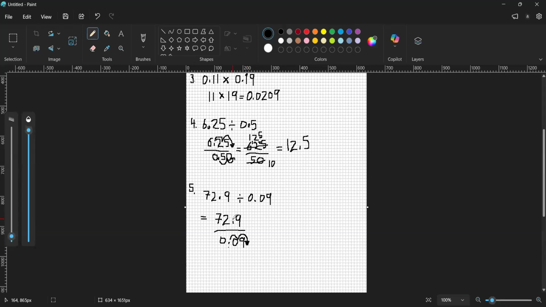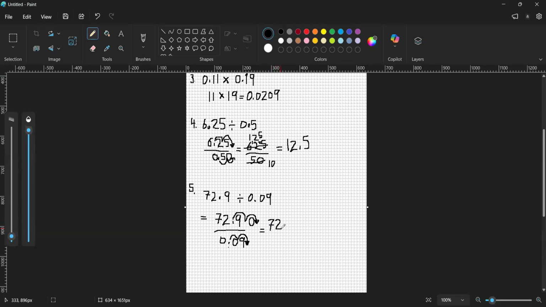And whatever we do to that denominator, we're going to do it to the numerator. So we're also going to make two decimal jumps for 72.9. Because there's no number after 9, we're going to put our trusty old 0 there, and we're going to have 7,290 in our numerator.